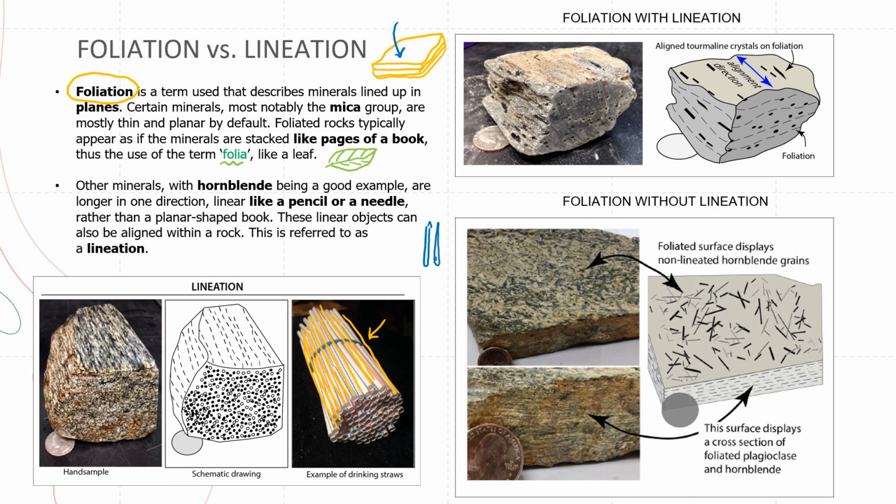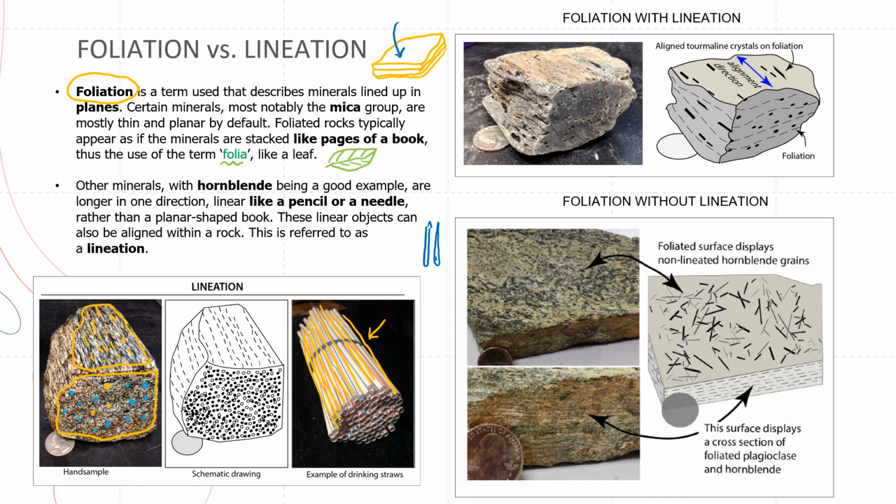So if we do a cross section here in this plane, you will find that the minerals are aligned this way. But if you cut the rock in this plane, you will find the shorter axes of your mineral.